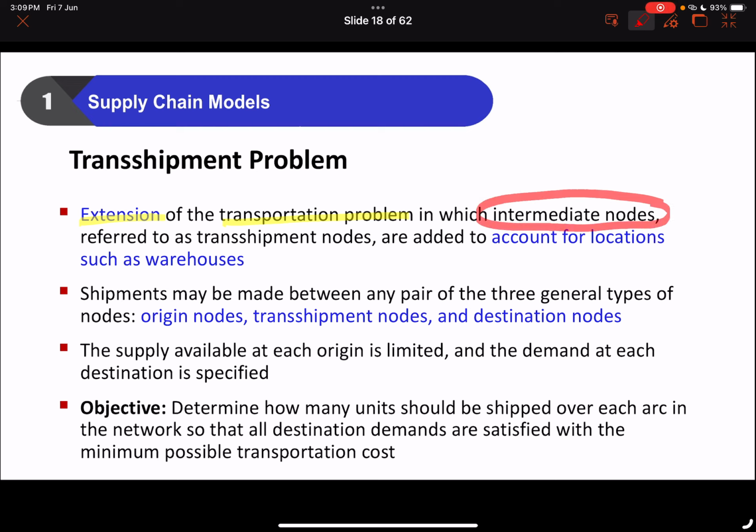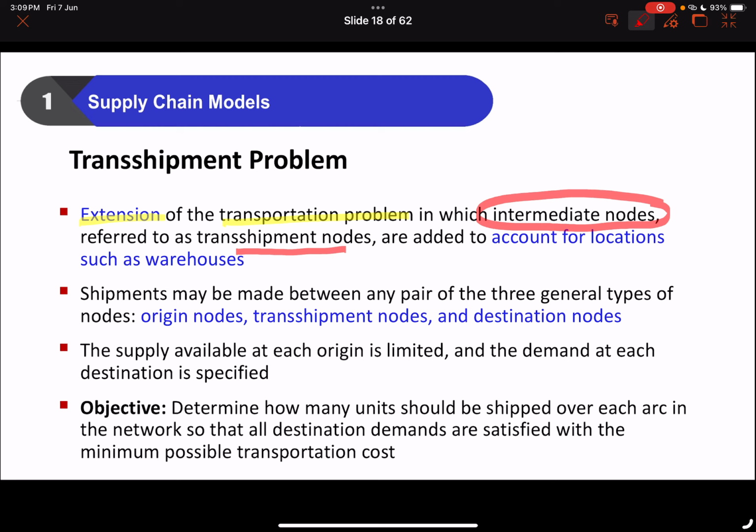What's the difference between the transshipment and transportation problem? In the transshipment problem we have intermediate nodes, which we call transshipment nodes, added to account for locations such as a warehouse, somewhere for you to park before you actually bring it to your destination.